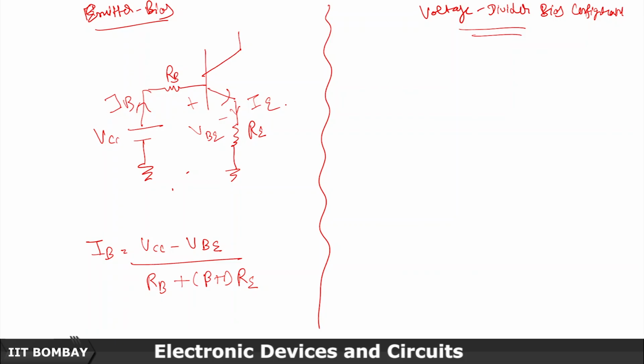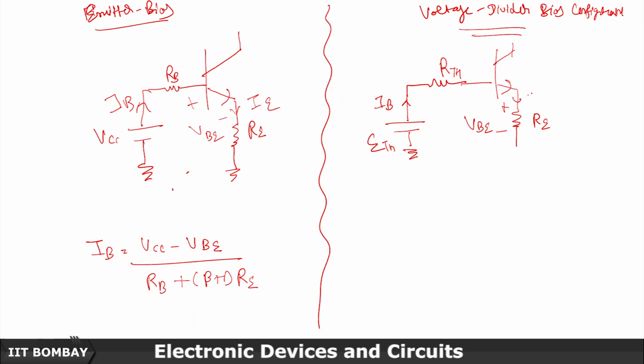And what is happening here is we are having ETH in place of VCC, and IB is going on, RTH is there, this is RE, this is VBE, this is IE.